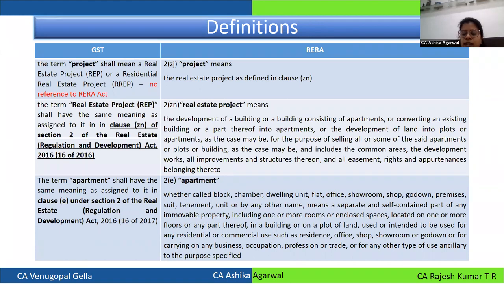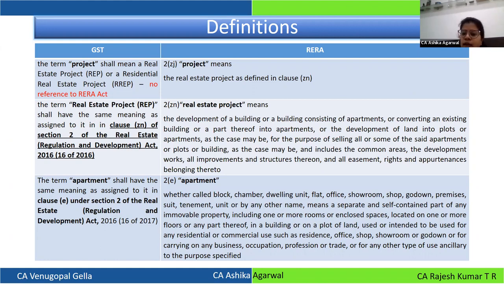Real estate project means the development of a building consisting of apartments, converting an existing building or part thereof into apartments, or development of land into plots. The sale of developed plots is also covered as a real estate project under RERA, which will also be considered a real estate project under GST.